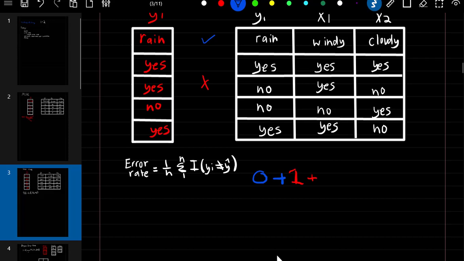And then on this day, it didn't rain, we predicted it wouldn't rain, so give it a value of 0. And this day, it did rain, and we predicted it would rain, so we give it a value of 1. We divide by the number of observations, which is 4, and we get a value of 0.25. So the error rate is 0.25, or 25% of the time we predicted wrong, which would be this observation here.